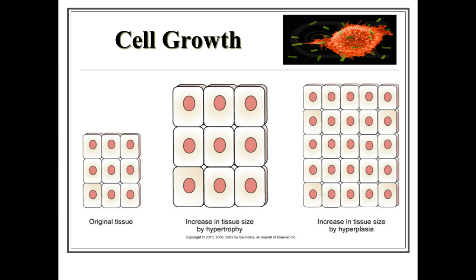So you can see on your picture how there are more cells that keep making your tissues grow in size. Any new or continued cell growth not needed for normal development or replacement of dead and damaged tissue is called neoplasia. So I want you to know the difference between hypertrophy, hyperplasia, and neoplasia.